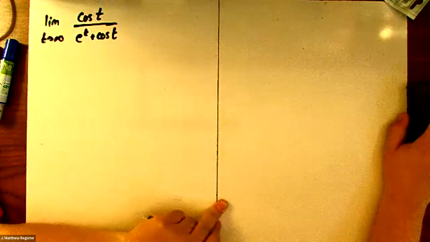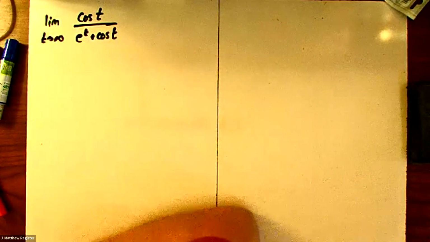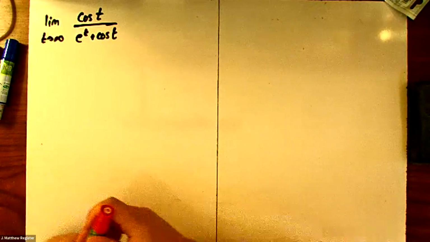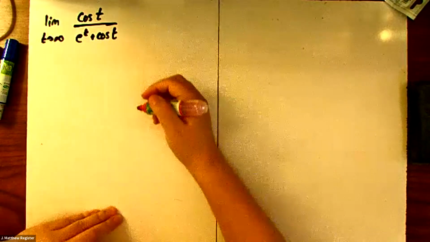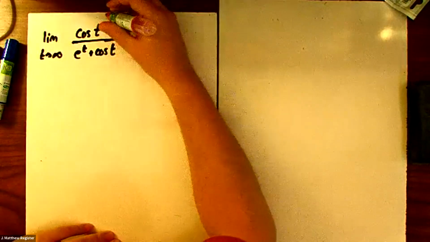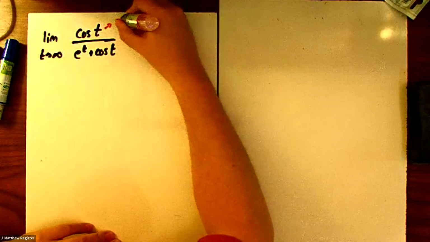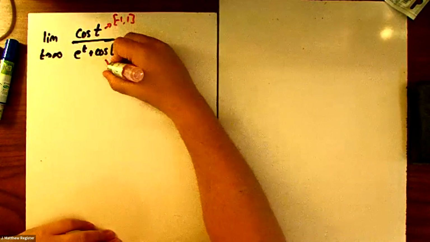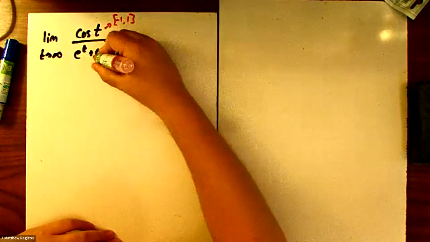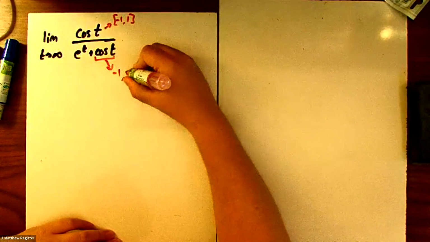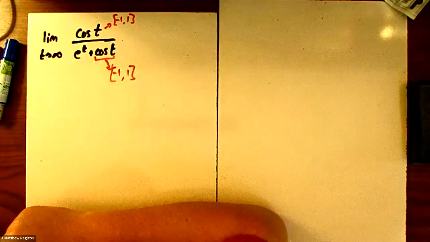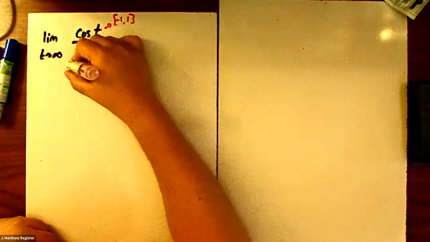And so again, we want to think about the long-term behavior of this. We know that the cosine of t is going to be bouncing back and forth between -1 and +1. Same with this one. But e to the t is going to get monumentally large.